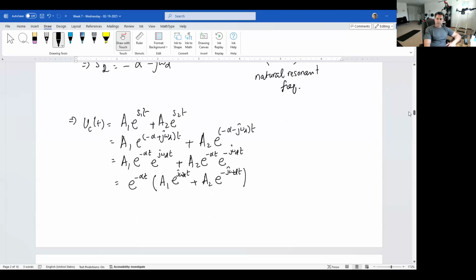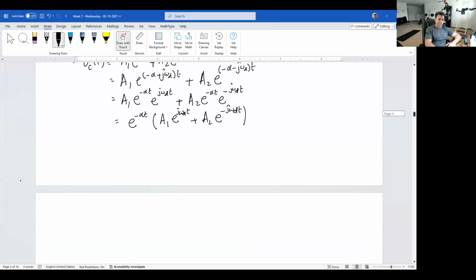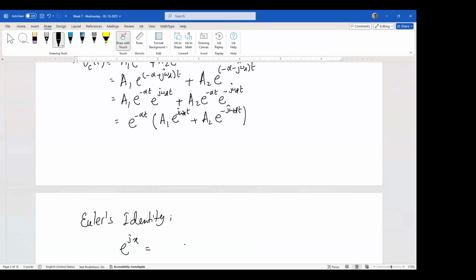Okay, anybody here remember Euler's identity? e to the power jx. If you expand e to the power jx in terms of trigonometric functions, what do you get? You're referencing cosine and sine, correct? Yep.